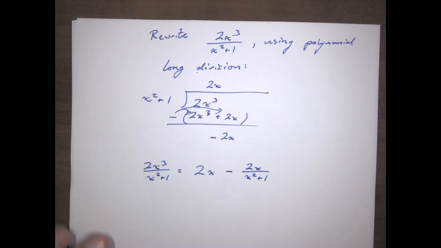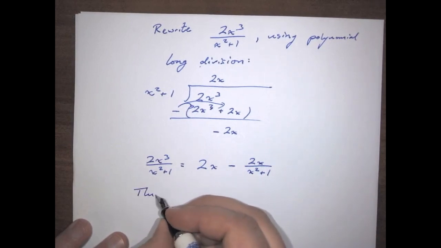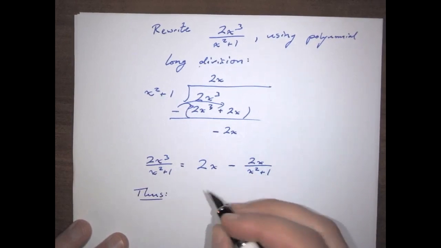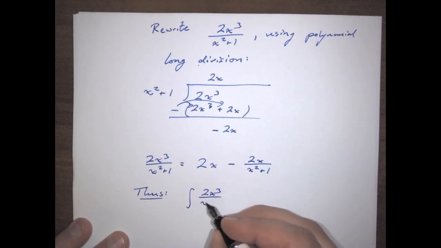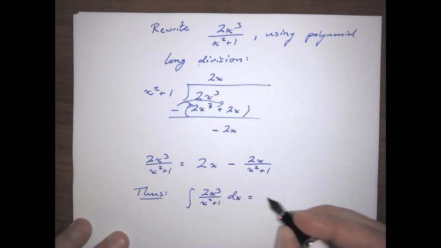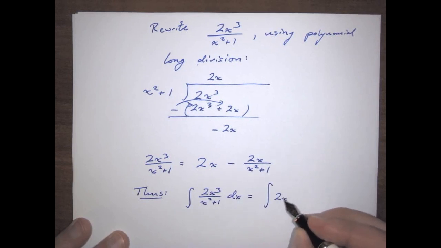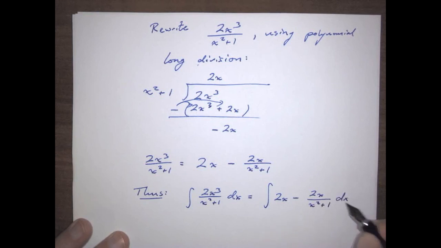And then what that means is that the integral, thus, the integral of 2x cubed over x squared plus 1 dx is going to be the integral of 2x minus 2x over x squared plus 1 dx.